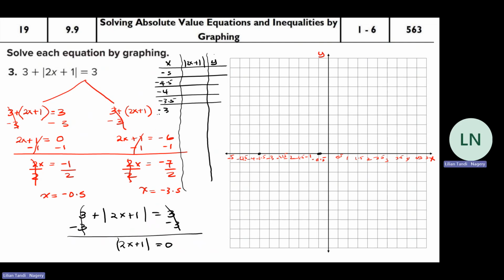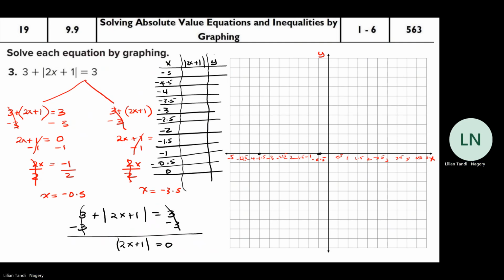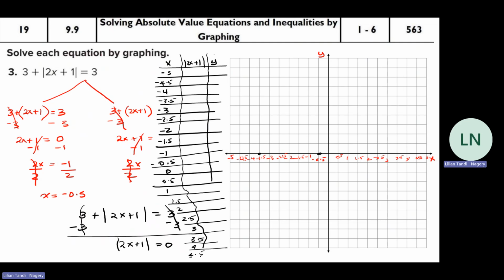Okay, negative 3, negative 2.5, negative 2, negative 1.5, negative 1, negative 0.5, 0, 0.5, 1, 1.5, 2, 2.5, 3, 3.5, 4, 4.5, 5.